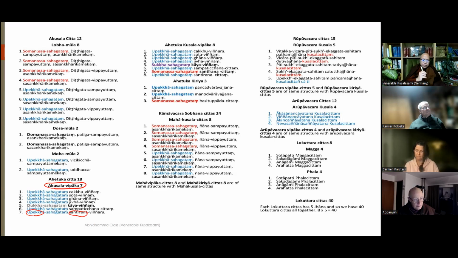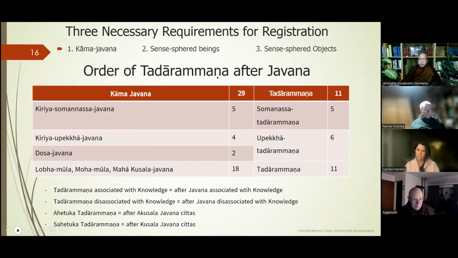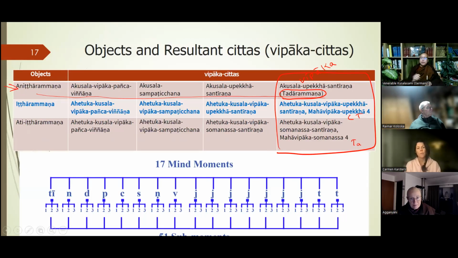And there are 11 Tadaramana: here is one, and here are 2 Santirana, one is Somanasa, one is Upekha. And out of the 8 Mahavipaka, altogether 11. So that's why I write Ahetuka Akusala Upekha Santirana. And next one is Ahetuka Kusala Vipaka Upekha Santirana and Somanasa Santirana. Very long. Okay. Thank you.